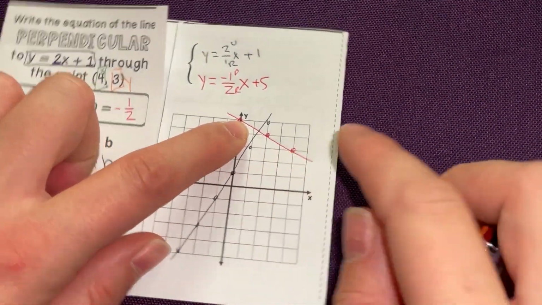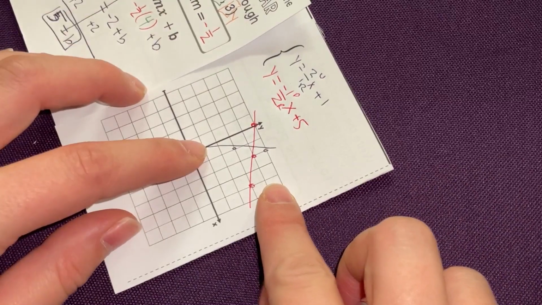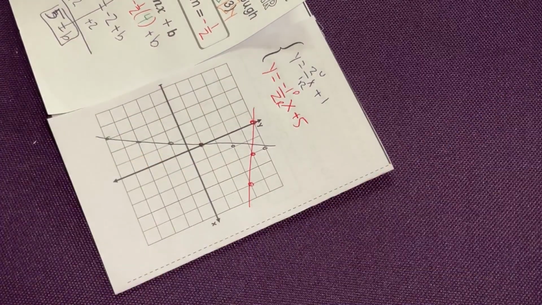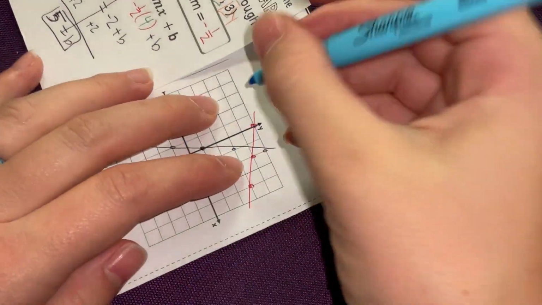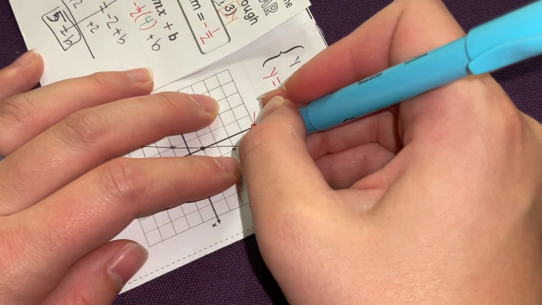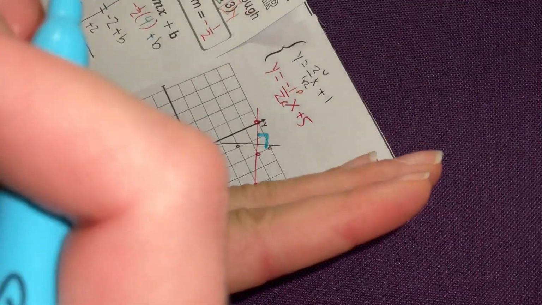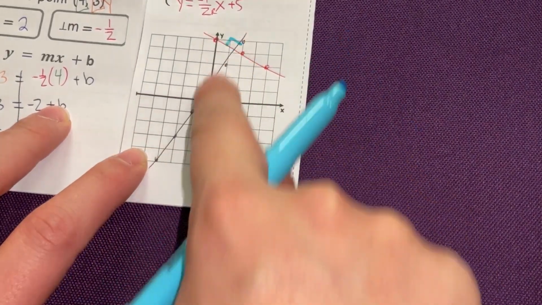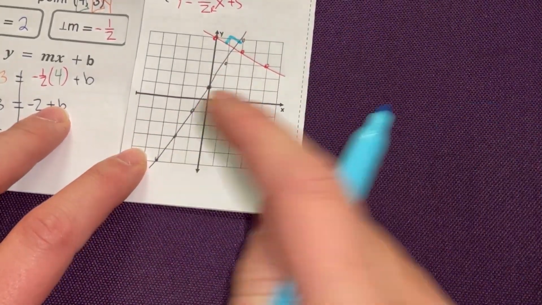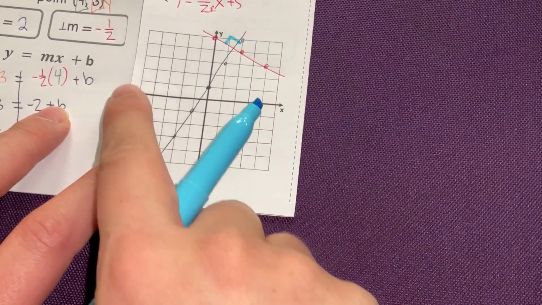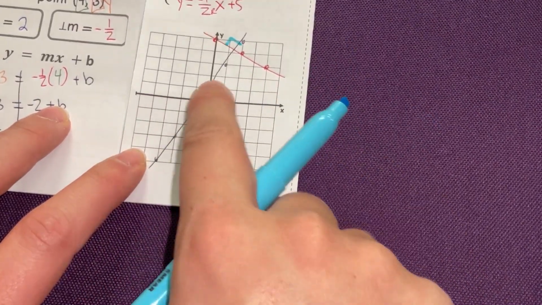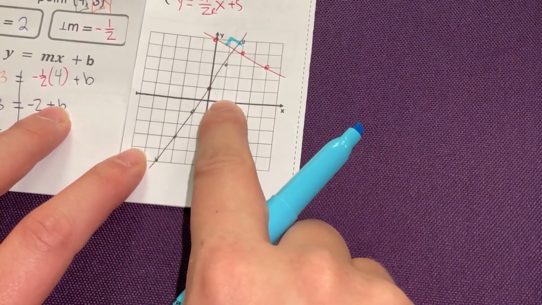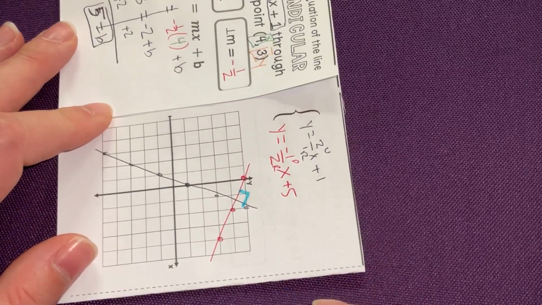Now when it's perpendicular, if I look at this, it makes a 90-degree angle, like how the x-axis and y-axis are always perpendicular to each other. So that's what perpendicular means, it makes this perfect crossing where you can draw beautiful squares from there.